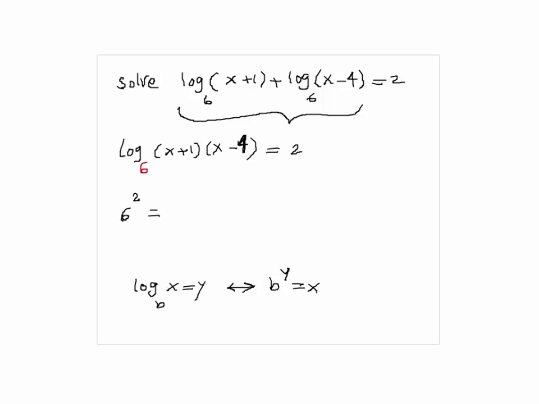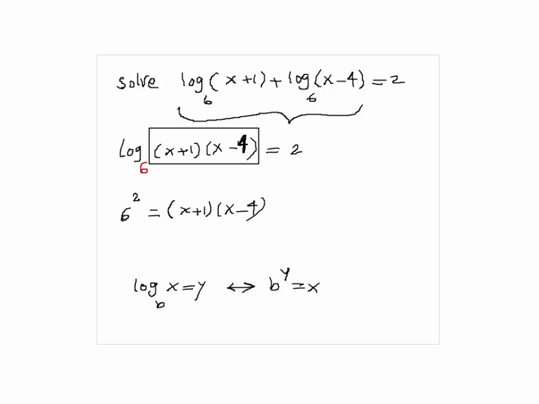X plus 1, x minus 4. Yeah, all these are x, right? So that would be x plus 1 times x minus 4. So here we don't have any logarithm now.